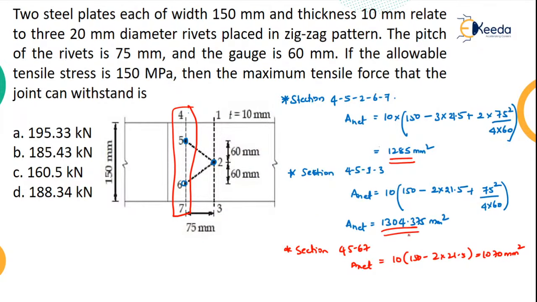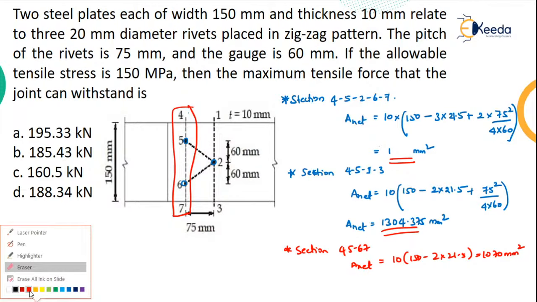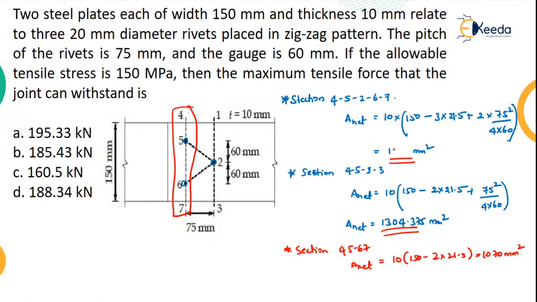This is 1304. Sorry, this is not 1285. Just a calculation error. Okay, I'll just change it for you. So this we are getting as 1323.75. And 1070. So which is the least one? The least one is nothing but 1070.